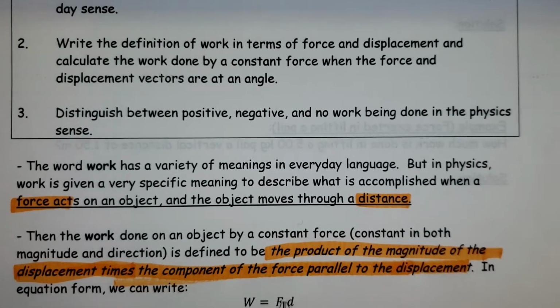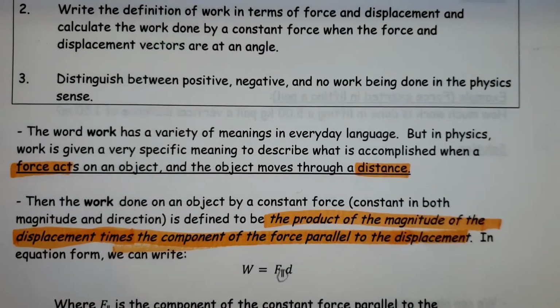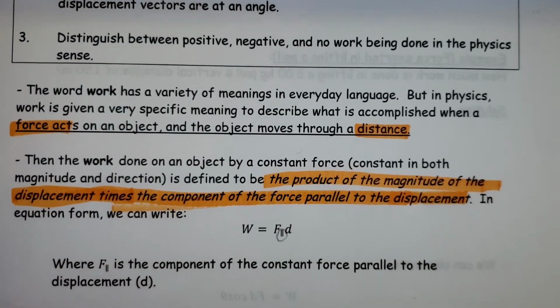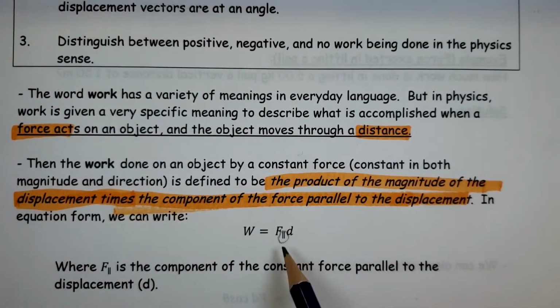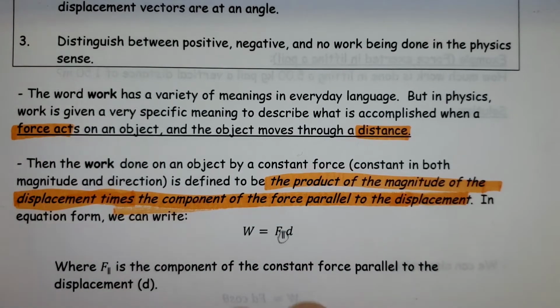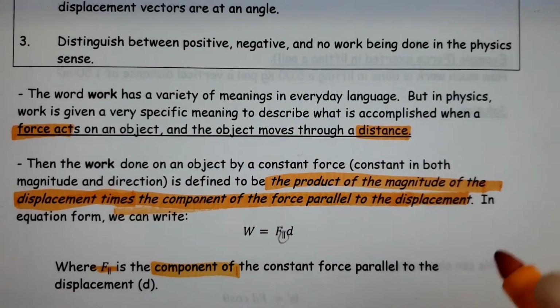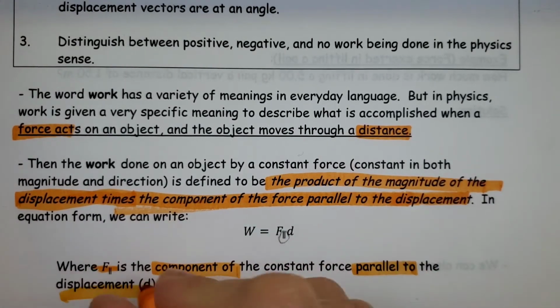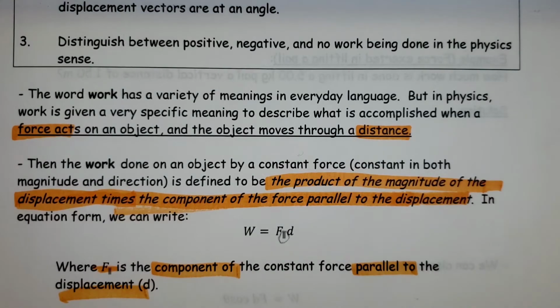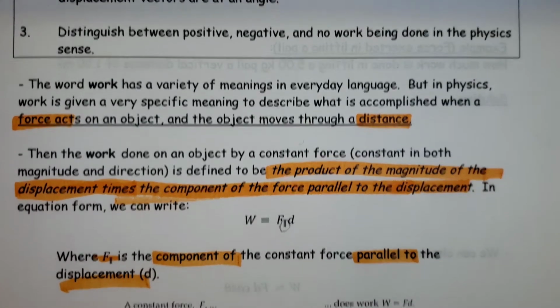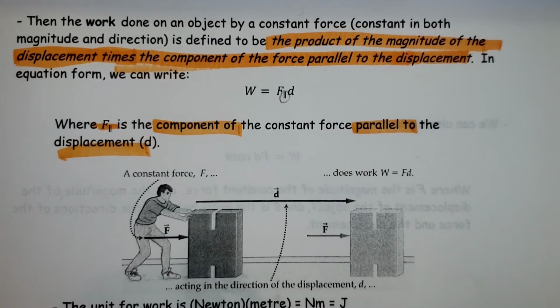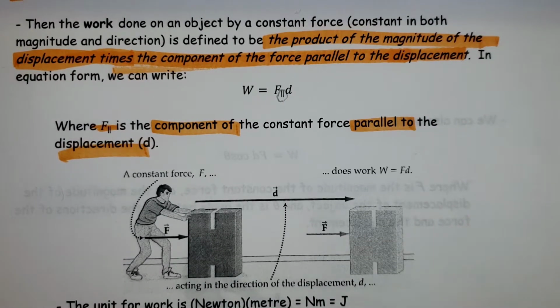So F parallel, those two lines there indicate F parallel. So the force that's parallel to the displacement. So that's what's illustrated right here. F parallel is the component, so the vector component, that is parallel to the displacement. If you look at this picture on the bottom of the page here, this person is pushing a box to the right.